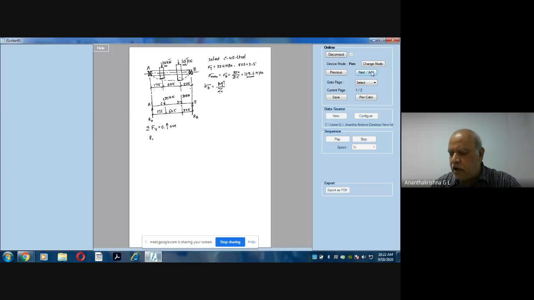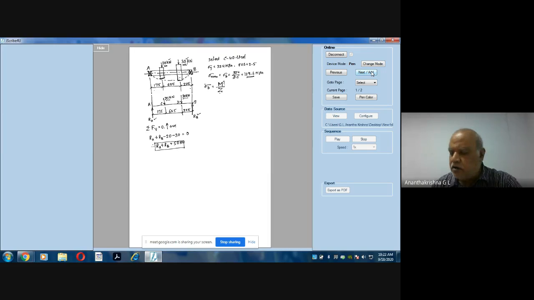So I have RA plus RB, and 20 kilonewton and 30 kilonewton acting downward. RA plus RB minus 20 minus 30 is equal to 0. So RA plus RB is equal to 50 kilonewton. This is one inference that I can make.